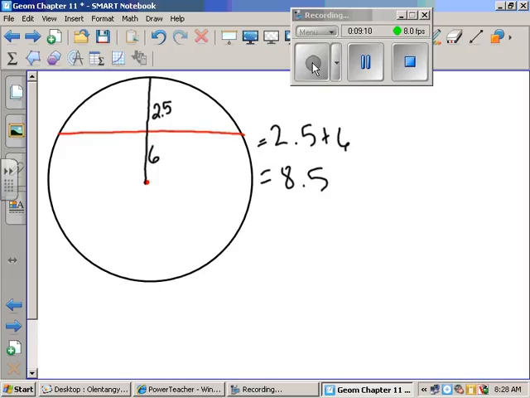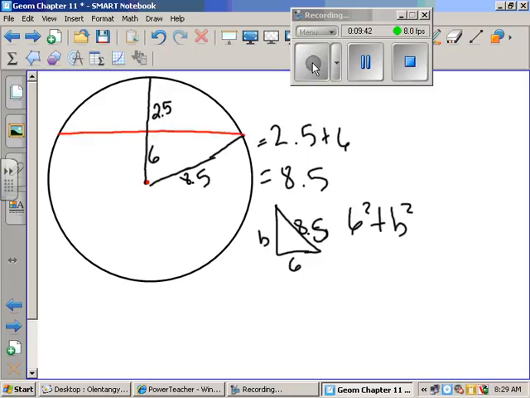And what I did was a squared plus b squared equals c squared. So this would be b, this is 6, and this is the 8.5. And then I did 6 squared plus b squared equals 8.5 squared.